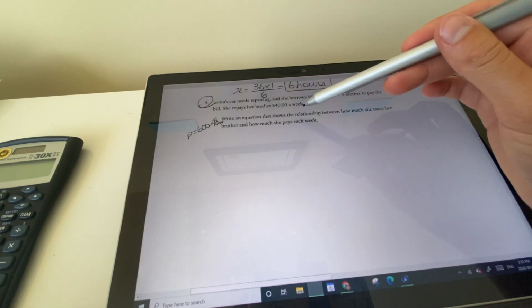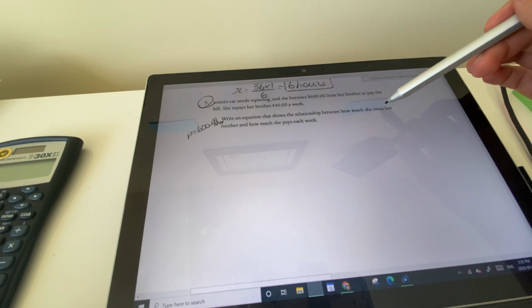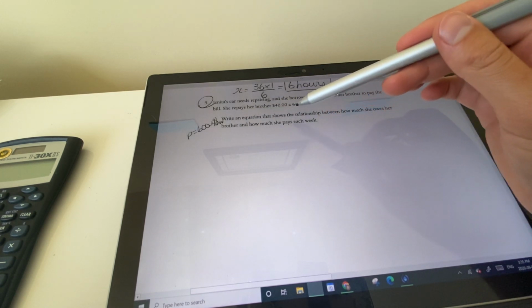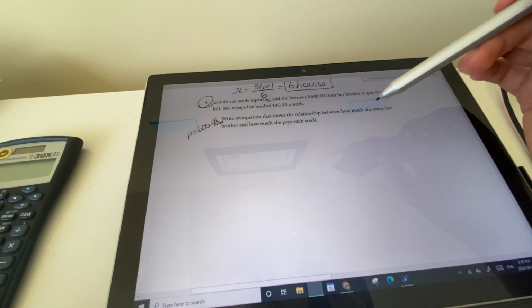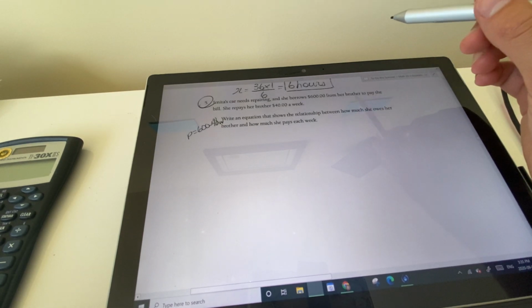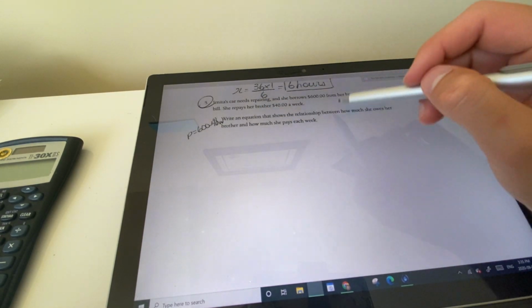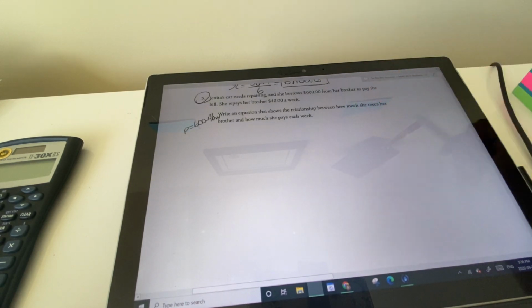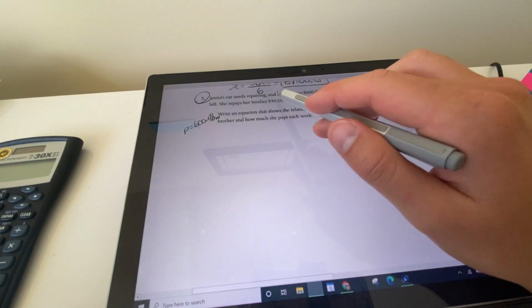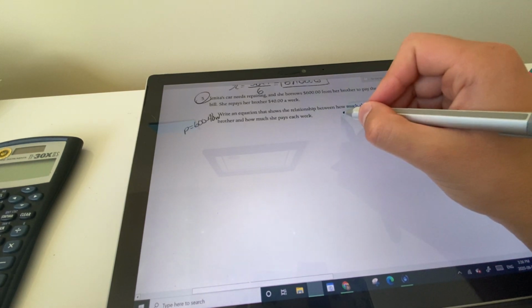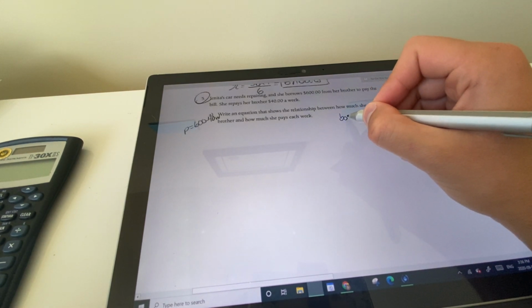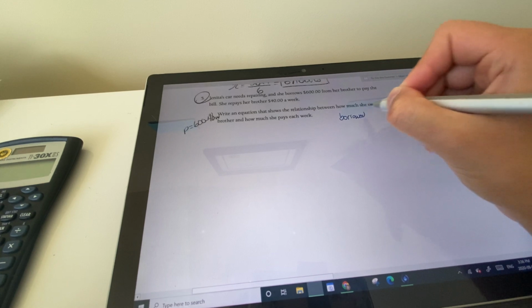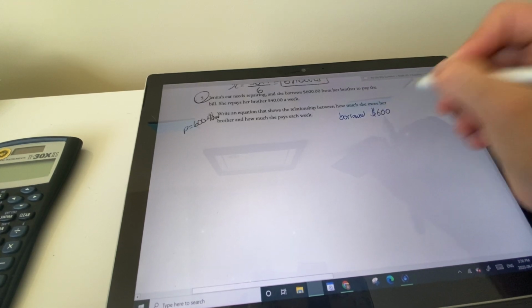Okay, so let's write down some things because this is even confusing me. Okay, I need to write everything out that I understand. So she borrowed $600. Okay.